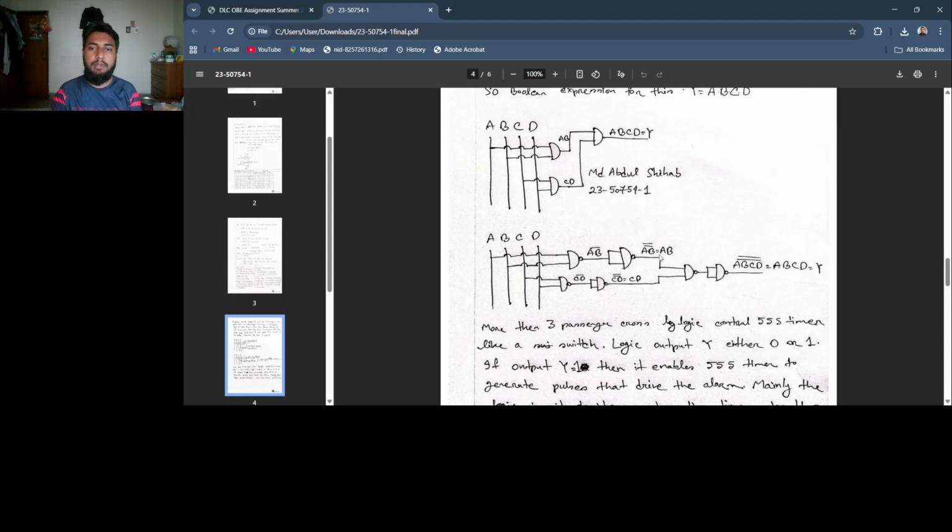Then I find my final output. So I make this, replacing the AND gate with the NAND gate using the rules. Then I find my destination.